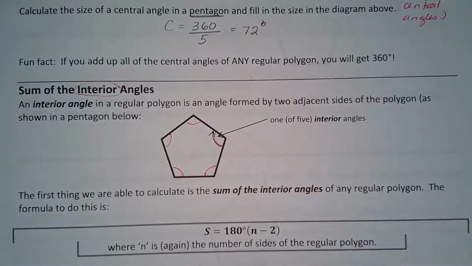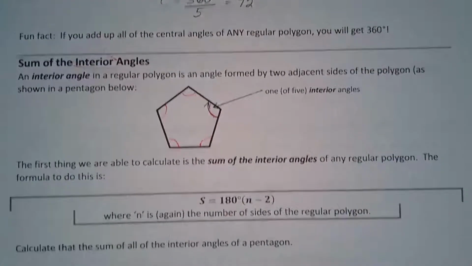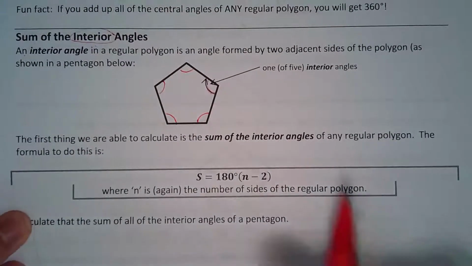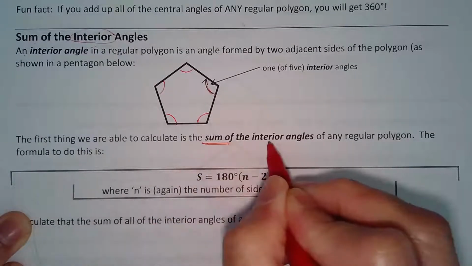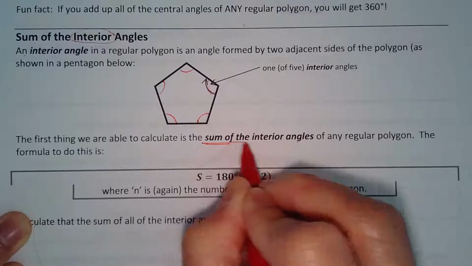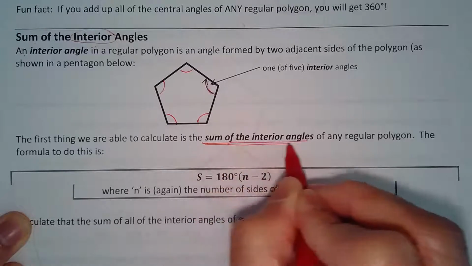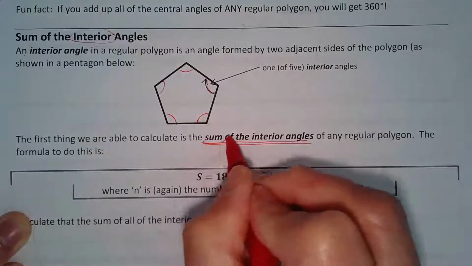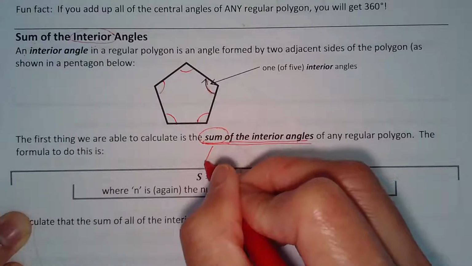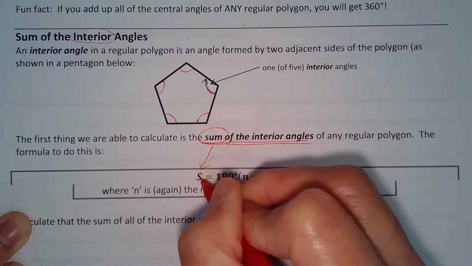So how do we figure out the sum of interior angles? Well, there's a formula for that. Can you see the word sum? There's the S, sum.